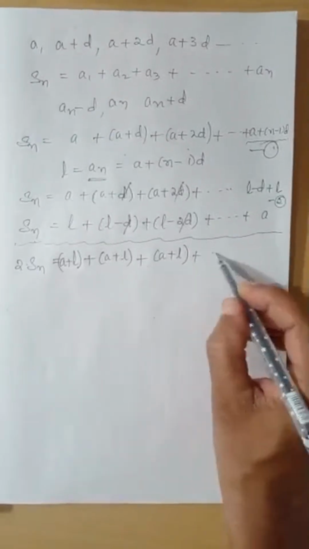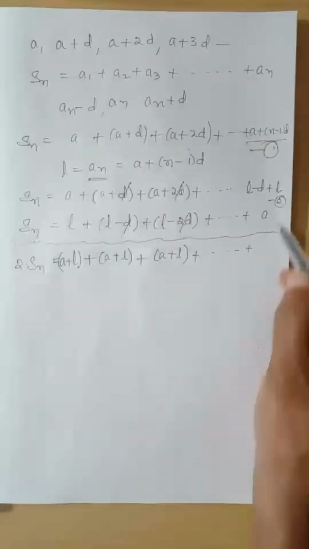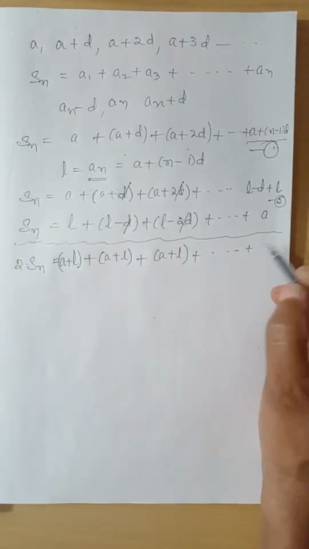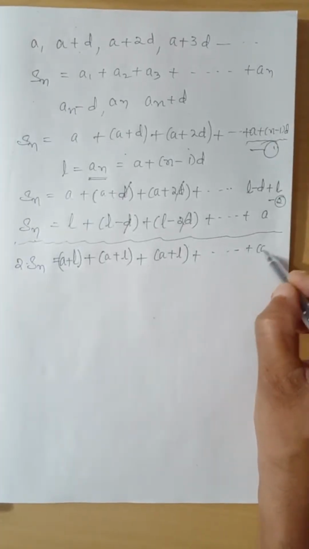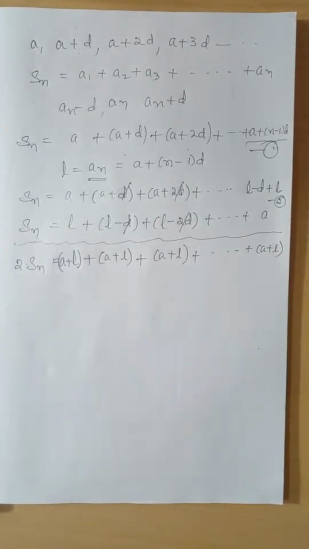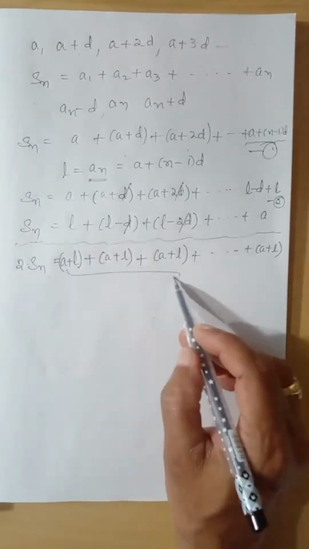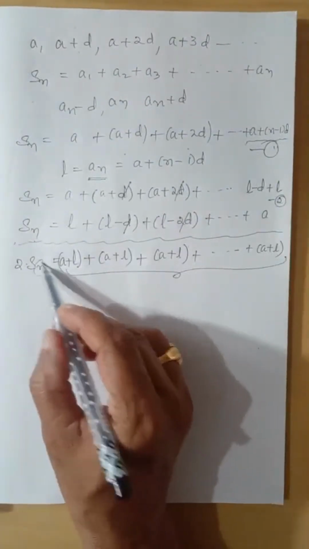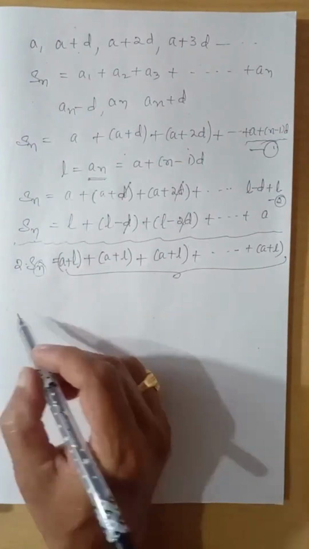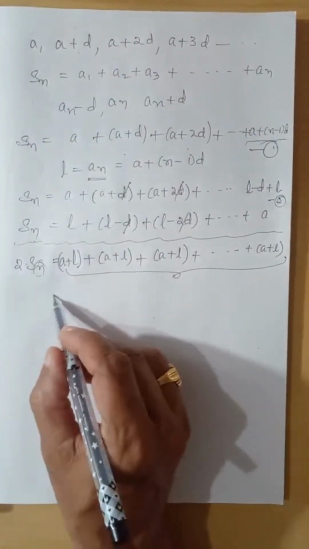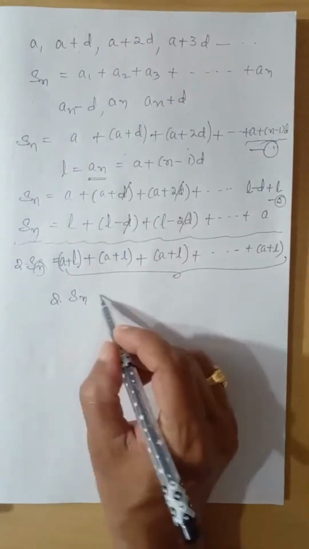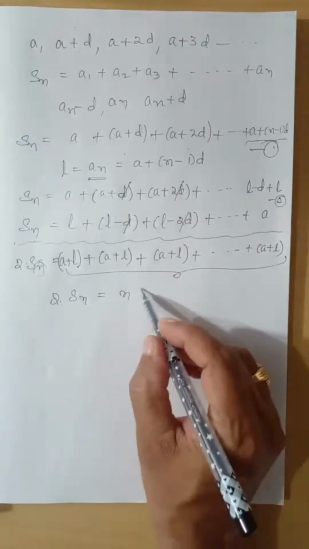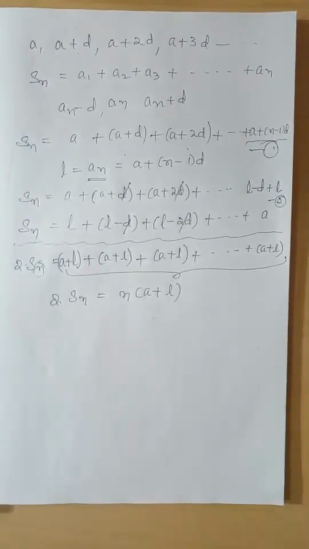So plus dot dot dot. In the last, l and a adding, what are we getting? a plus l. Here a plus l occurs n times. So I write 2 times Sn is equal to n times a plus l.